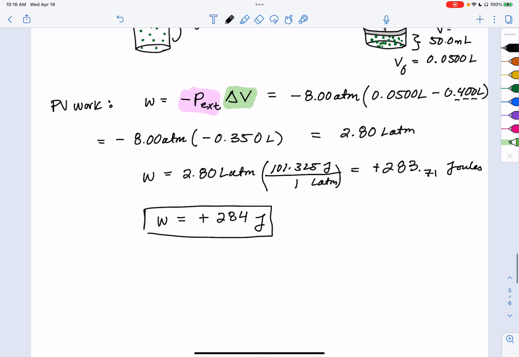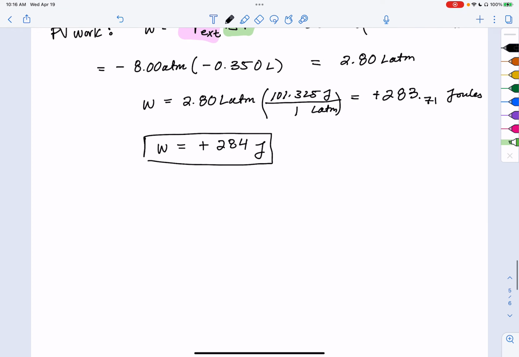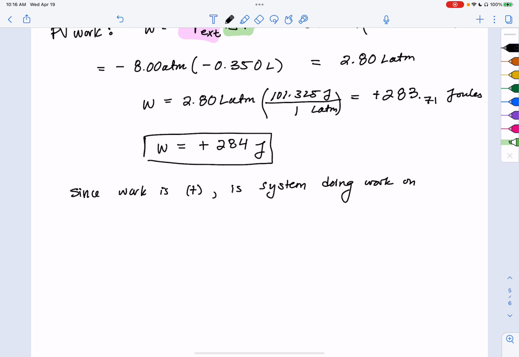Okay, I know both the value or magnitude of the work that's happening here during this compression. And now what I really want to do is focus on this sign. So since work is positive, is the system doing work on the surroundings, or is the surroundings doing work on the system?